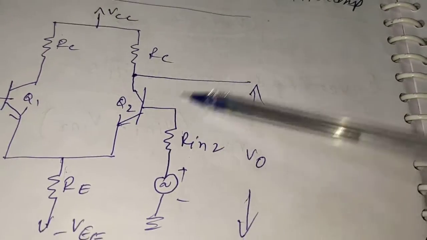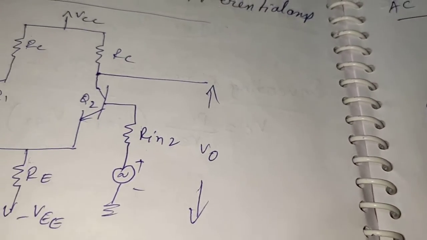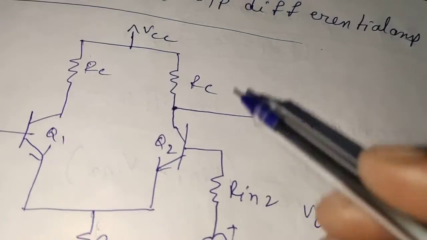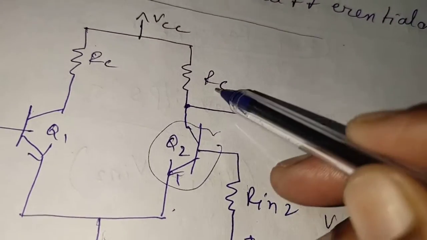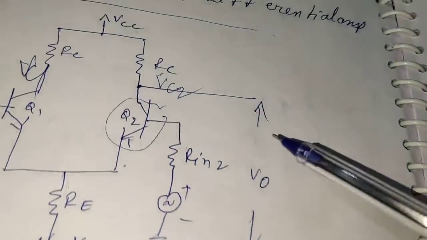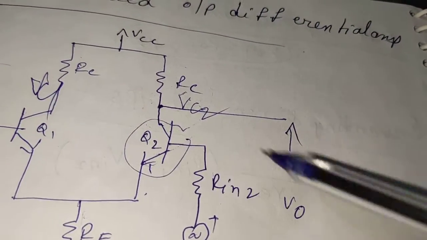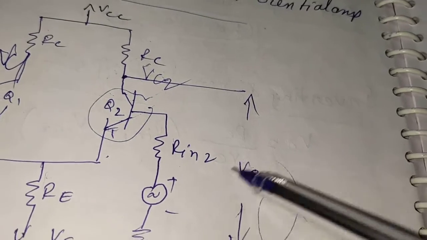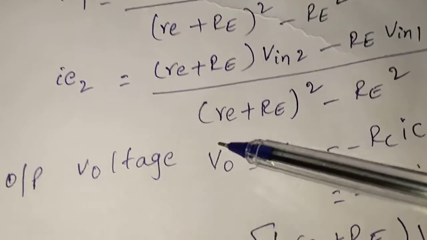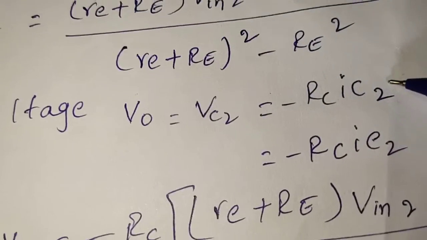What is V0 here? V0 is nothing but VC2. This is your Q2 collector, and we are getting output here. This is VC1. Collector voltage is nothing but your output. So V0 is nothing but VC2. What is VC2?